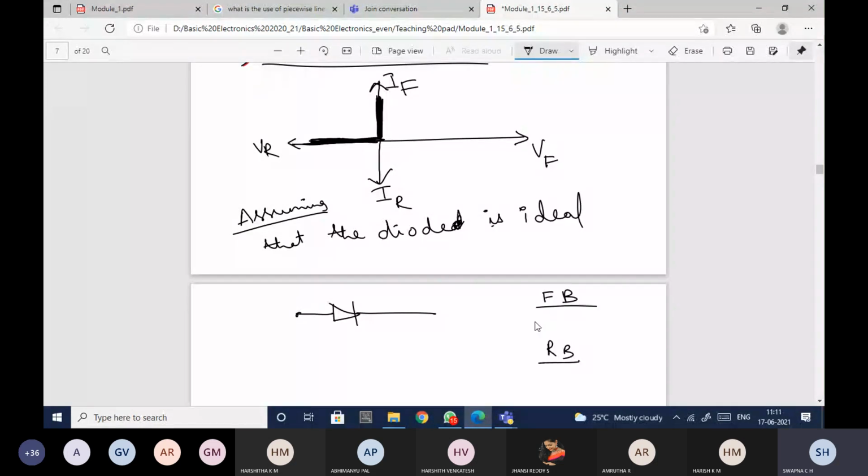Forward biased there is no voltage drop, in the sense voltage drop VF will be equal to 0. This is my plus and this is my minus, so VF should be equal to 0. When it is forward biased I need to short it. If this is A and this is B terminal, in between A and B I have to just short it.